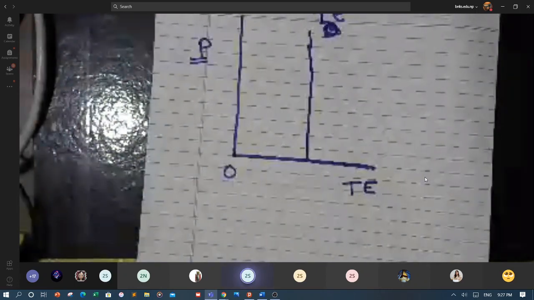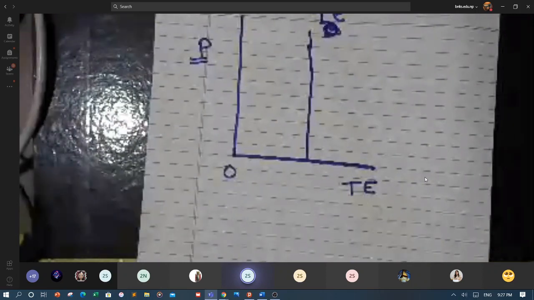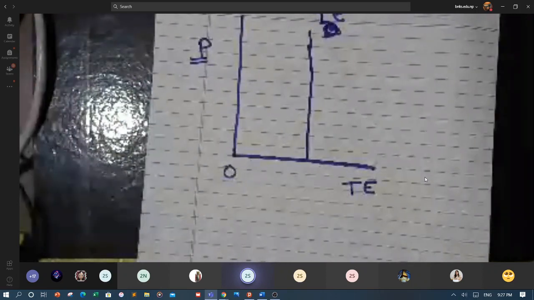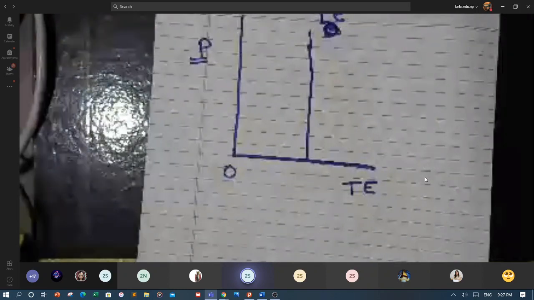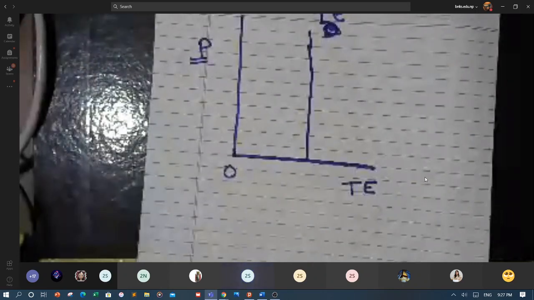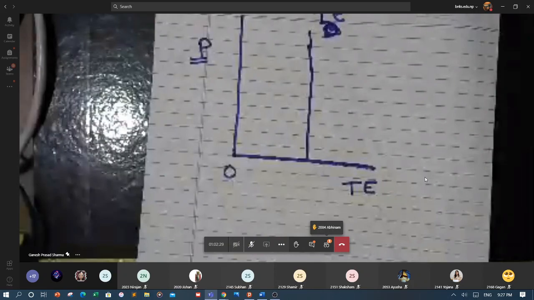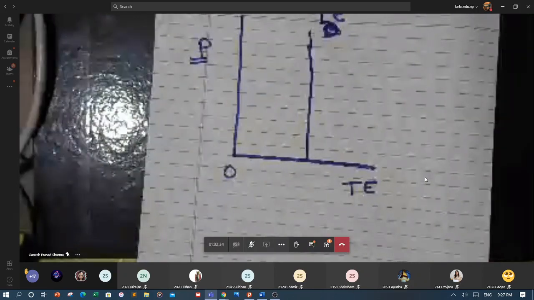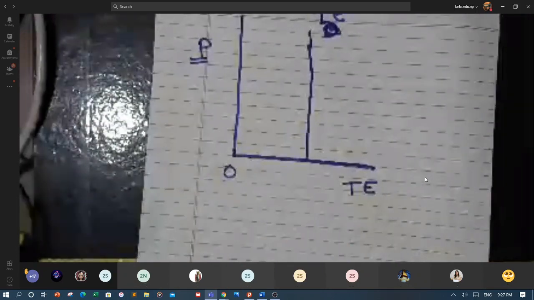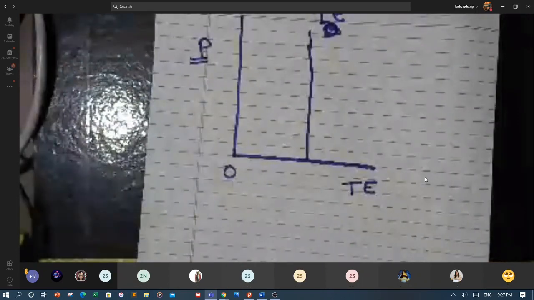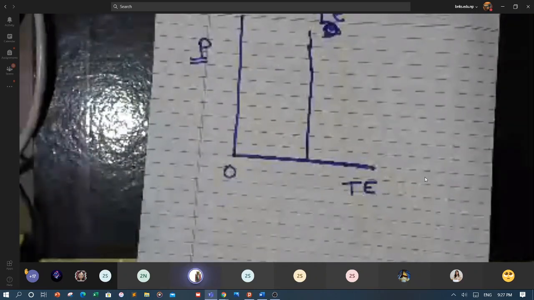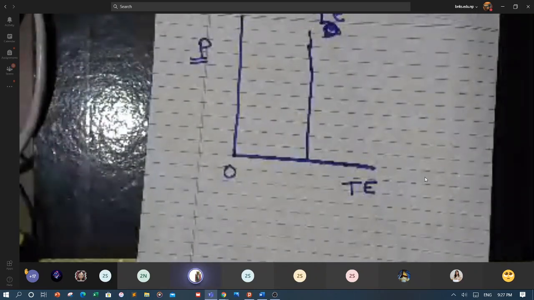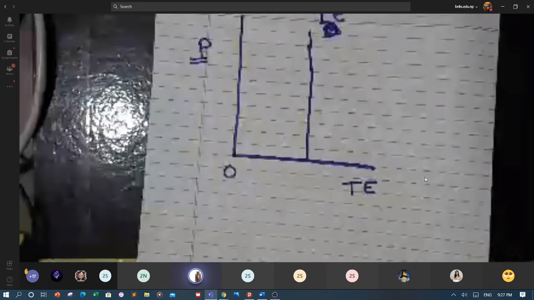Perfectly inelastic. Who said this one? Good. Okay. Abhinam? Jishan, what's your answer? Perfectly elastic. Okay. Nirajan?